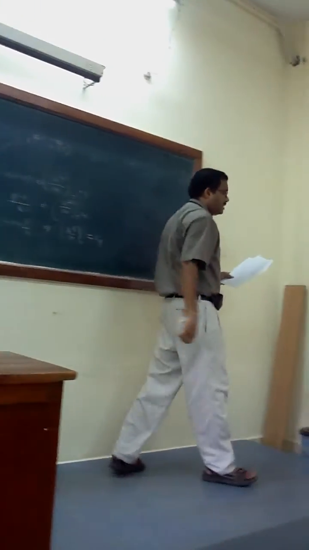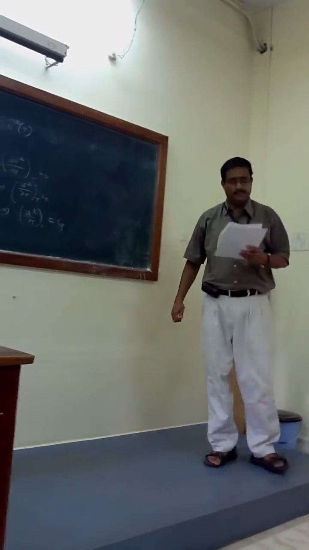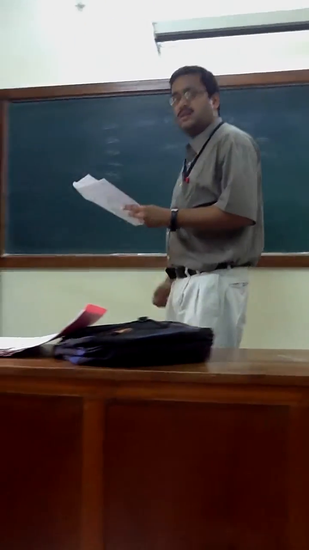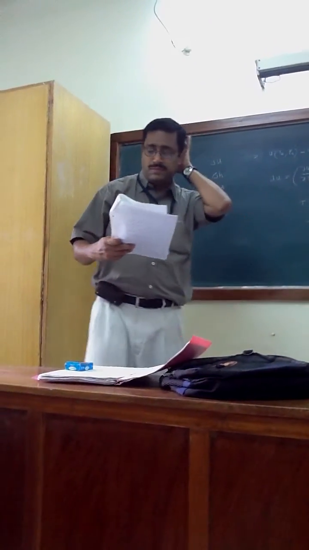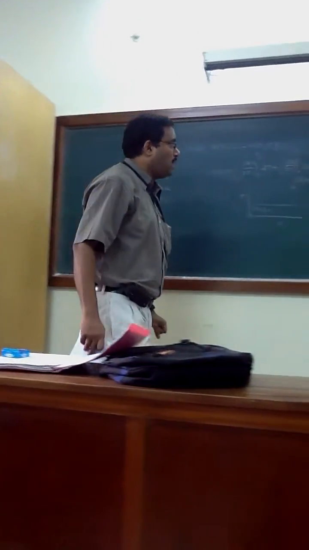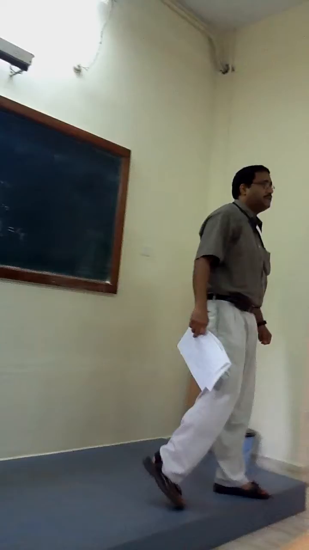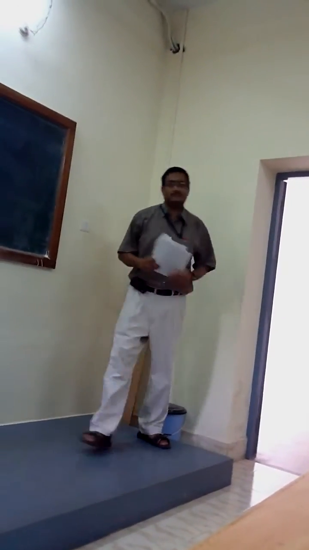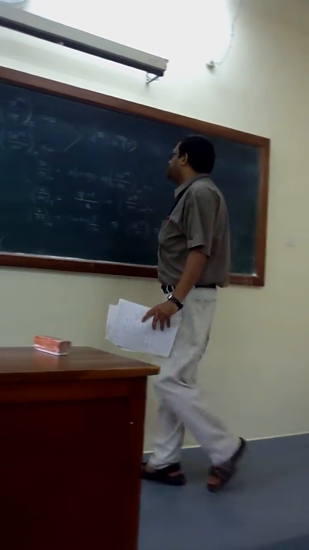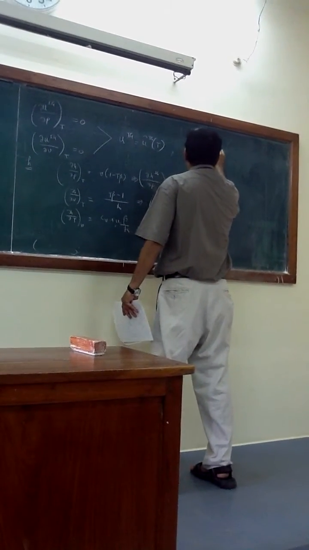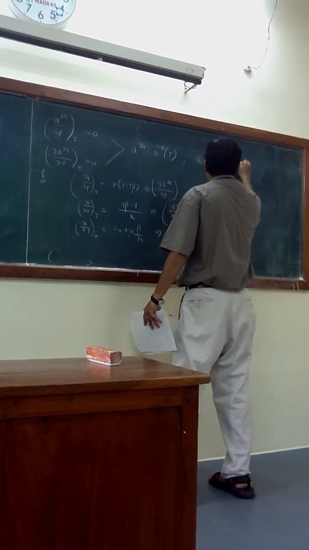It comes as Cv plus R, Cp. Check it out. So U and H behave in the same manner: U Ig is a function of T, H Ig is a function of T.